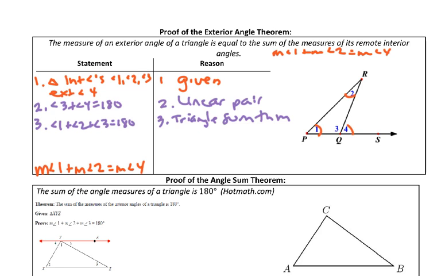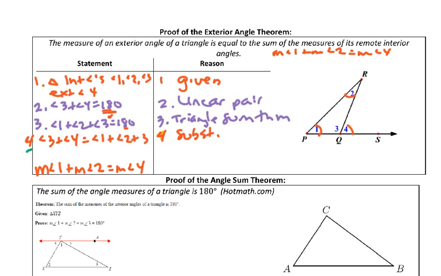So since this is 180 and 180, I would know that angle 3 plus angle 4 is equal to angle 1 plus angle 2 plus angle 3. Okay, so that could be my step 4. And why do I know that? Can you figure out why? What did I do? I substituted. Instead of 180, I put in something that was equal to 180. So that's substitution.